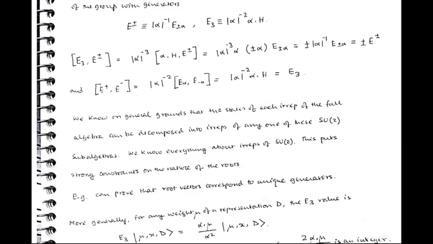So this is going to put very strong constraints on the nature of roots. For example, we can actually prove, this is not something I'll do out here, that root vectors correspond to unique generators. This I will leave for you to prove.